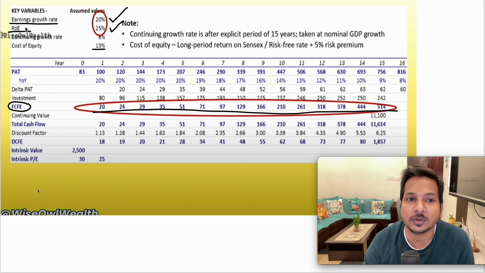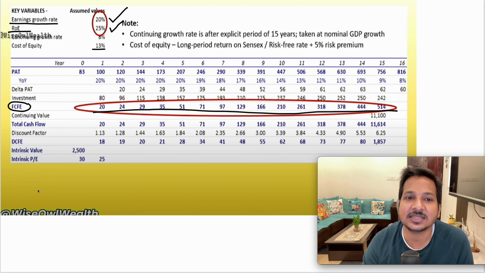With 20% earning growth and 25% ROE, free cash flow will continuously increase. And earlier we saw that value is determined by future free cash flow. So when you get a company with ROE of 25% and earning growth of 20%, you should think about purchasing, because that will give the company free cash flow. Okay, so 25% ROE and 20% growth is the magic number.